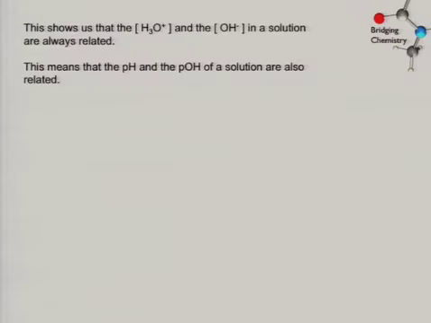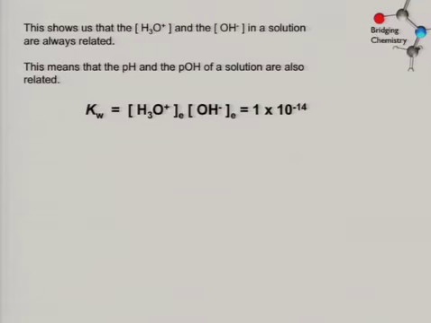And it follows from that that if you know the pH, you can work out the pOH and backwards, because remember pH and pOH are just mathematical manipulations of those concentrations. They're just another way of saying the same thing. And so we can write an expression like this, which we've seen: the Kw is equal to the concentration of H3O plus at equilibrium times the concentration of OH minus at equilibrium, which equals 1 times 10 to the negative 14.